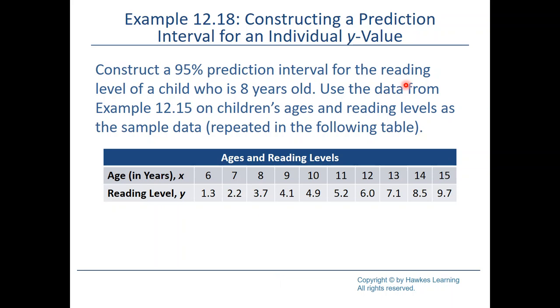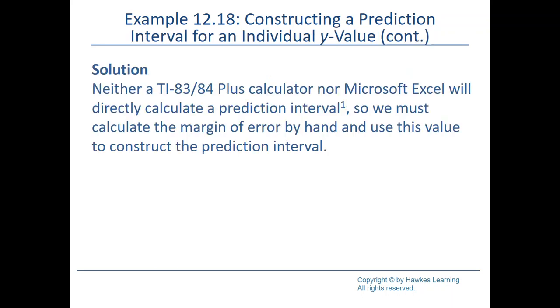Do notice I said the reading level of a child who is 8 years old, so I'm focusing on this one here, but I do need all of the data to begin with. Neither a TI-83 or 84 Plus graphing calculator nor Microsoft Excel will directly calculate the prediction interval for one item. So we must calculate the margin of error by hand and use this value to construct the prediction interval itself.